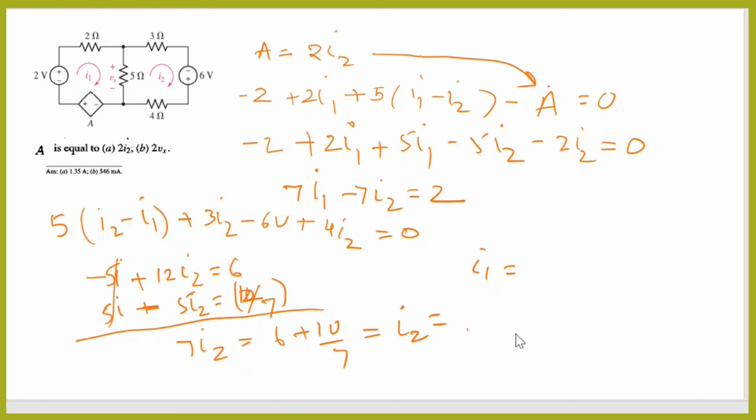I2 is 8.1, sir. 8.1, okay. And what is I1?